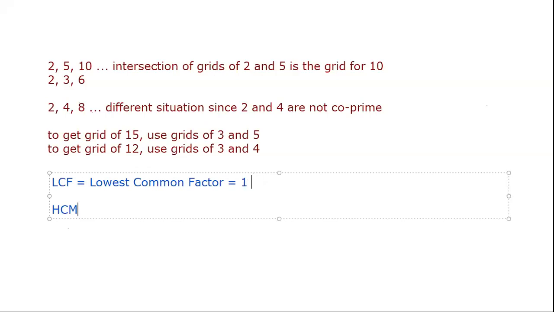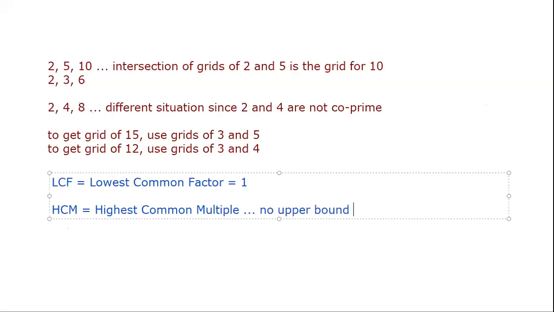But what about highest common multiple? It keeps on going. There is no highest. There is no upper bound. So this is not possible.